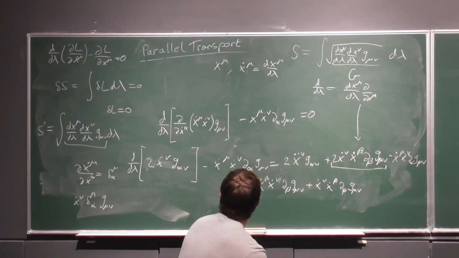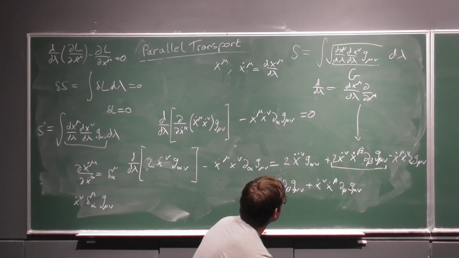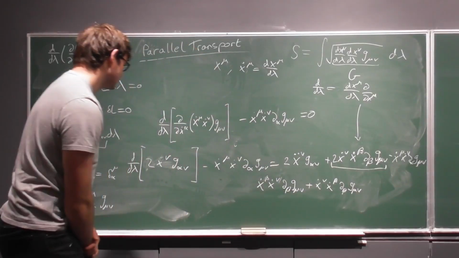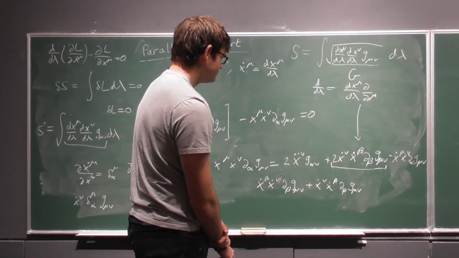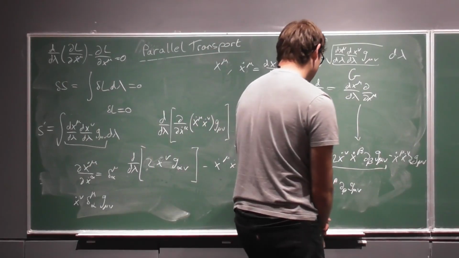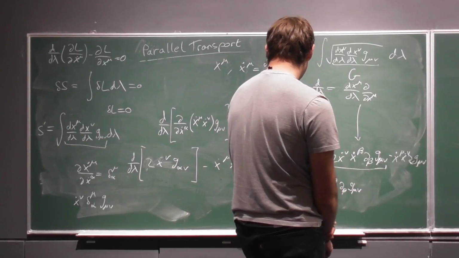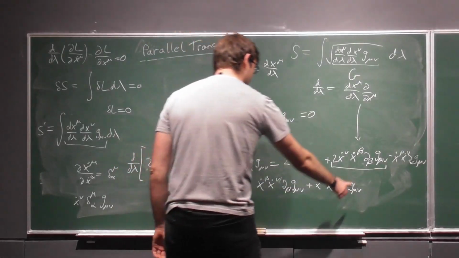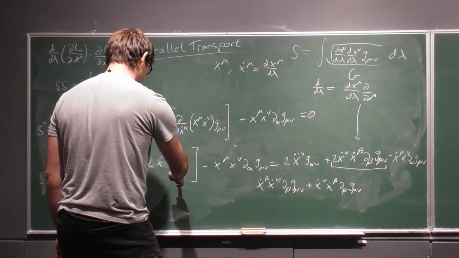All right, let me just double check. I'm worried, uh-oh, I've lost a mu somewhere. Before, this one has a lower mu and it shouldn't. Where did we go? We had no mu's. Oh, it was alpha.